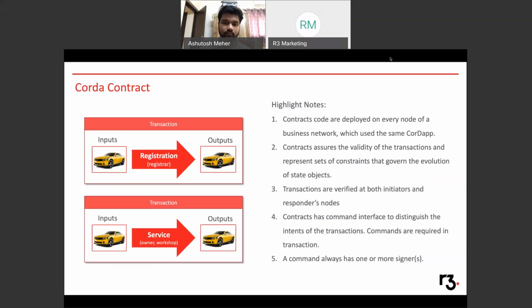Now, one other important point is that the contract needs to be validated both at the initiator and responder level, where the responder is your counterparty, right? Whenever you do a transaction, you write flows which will have initiators and responders. Whenever a transaction starts, it has to be initiated by someone.